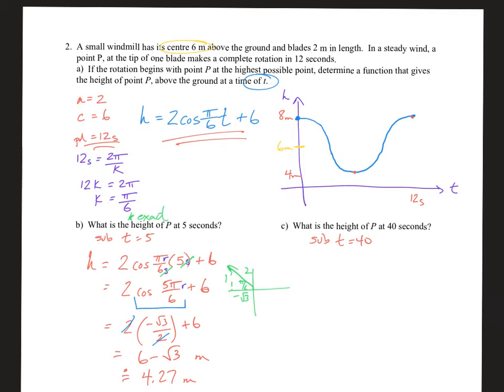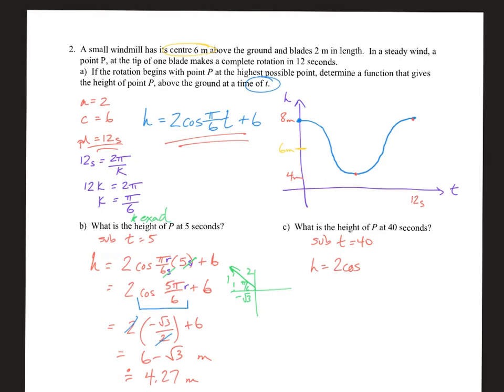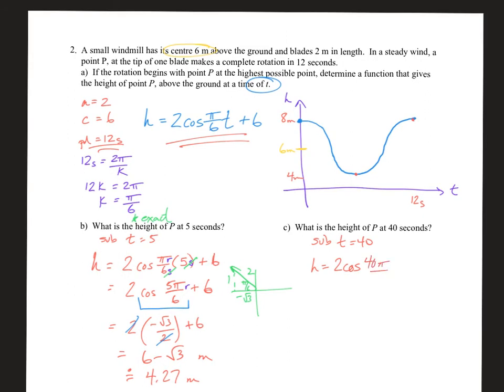That when we sub in t equals 40, you're now going to get something that looks like this. Well, pi by 6 times 40 is going to be 40 pi by 6. That, of course, reduces. So you would be trying to now figure out a rotation angle for 20 pi by 3. So now we're going, well, if that's pi by 3s, then I have a full rotation.